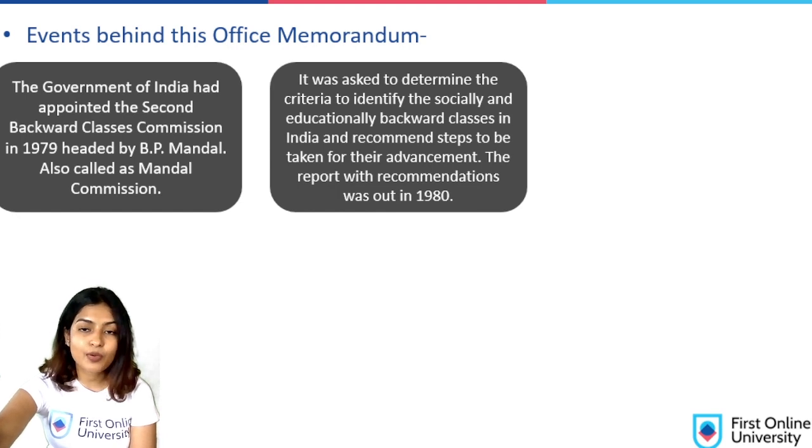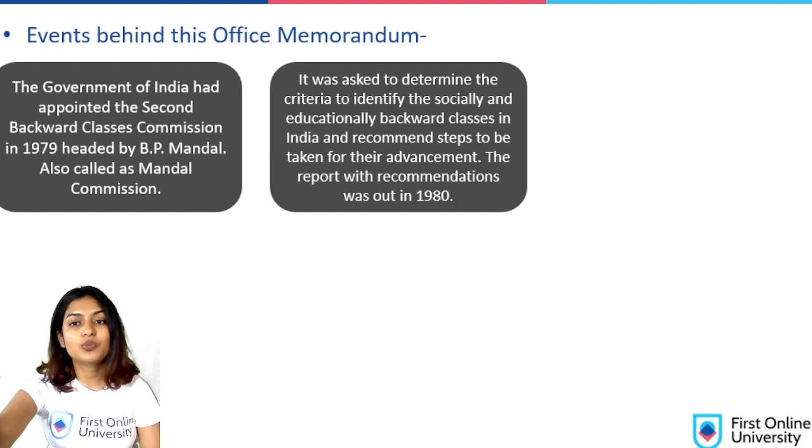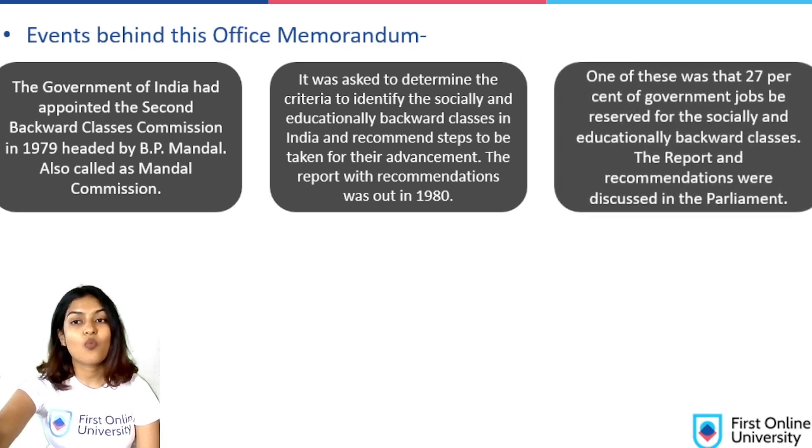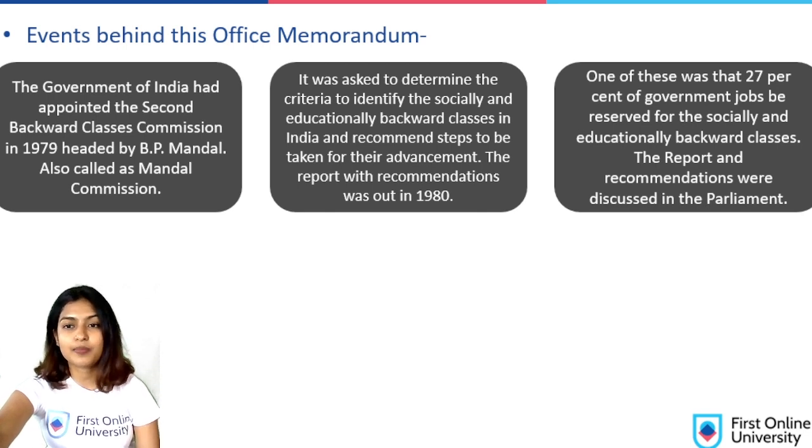The report was submitted with recommendations in 1980. One of the recommendations was that 27% of government jobs should be reserved for the SEBCs. The report and recommendations were discussed in the Parliament.